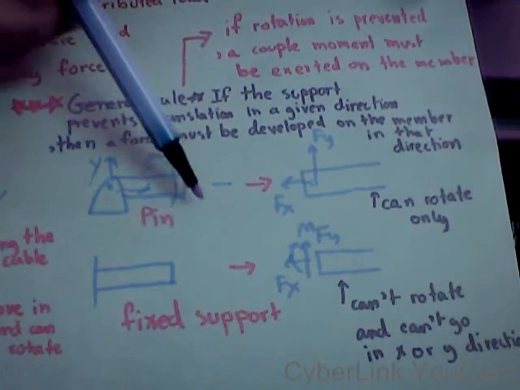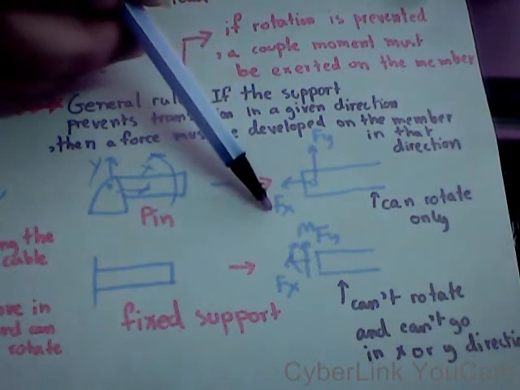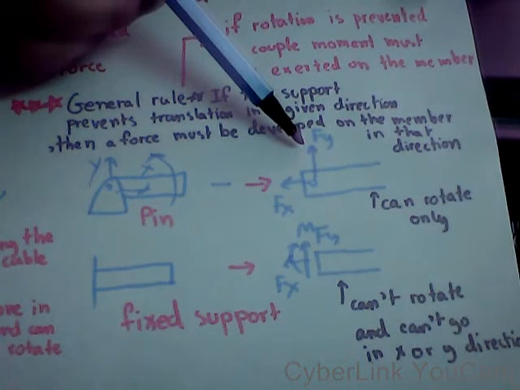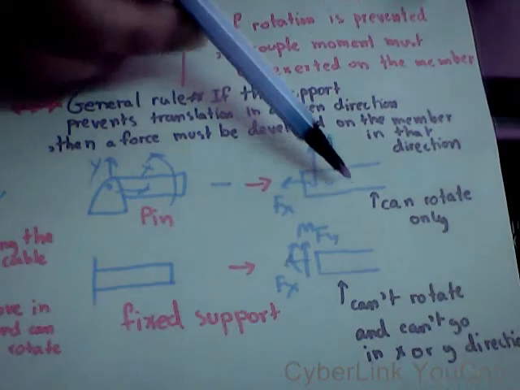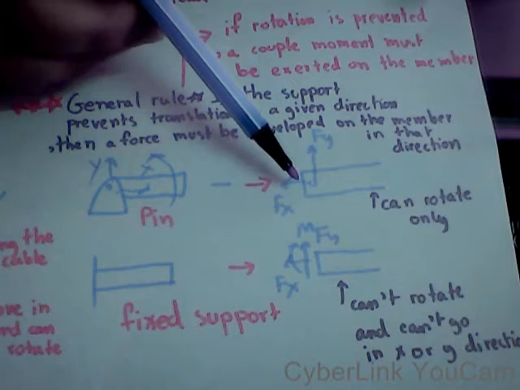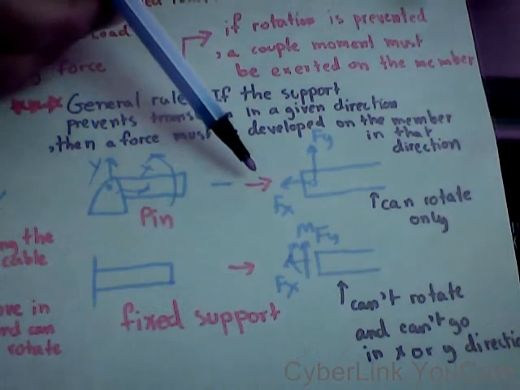So we will have Fx because you cannot move in x. We have Fy because you cannot move this bar along the y direction, but you can rotate it, so no need to have a couple moment.